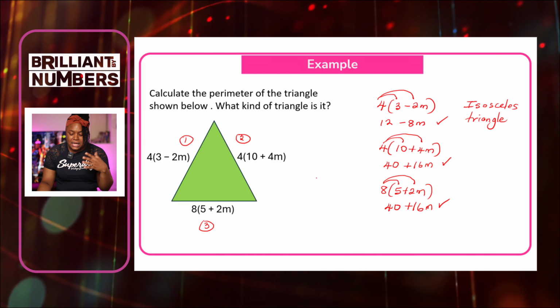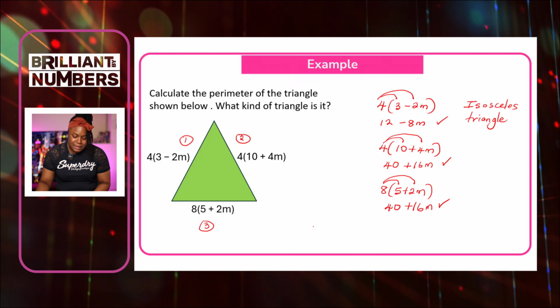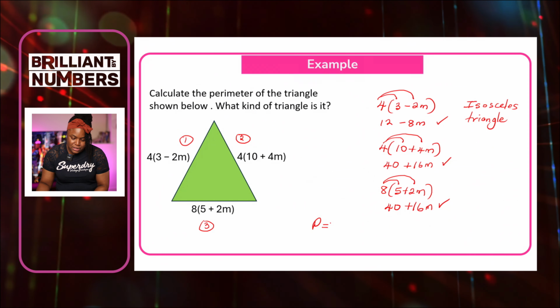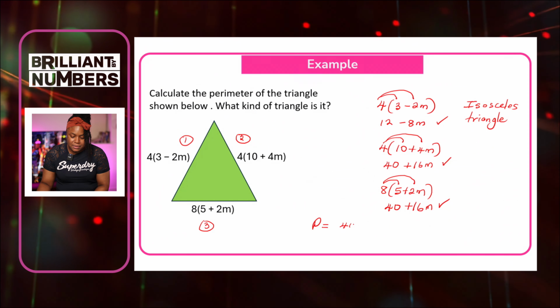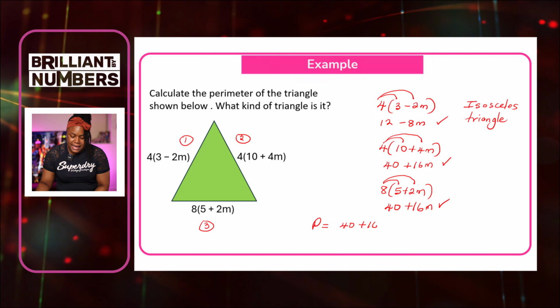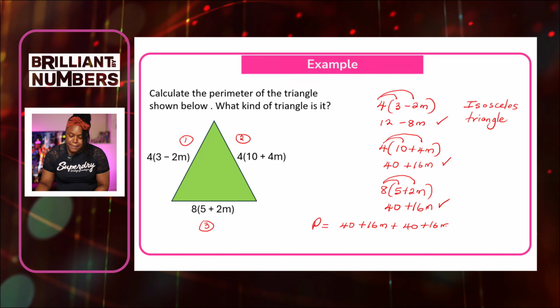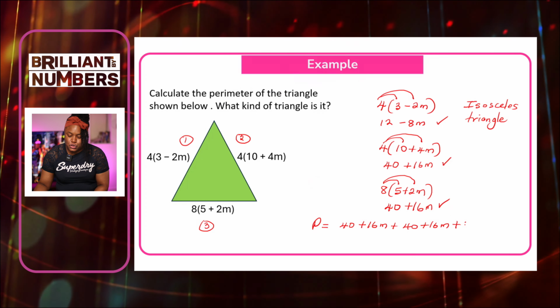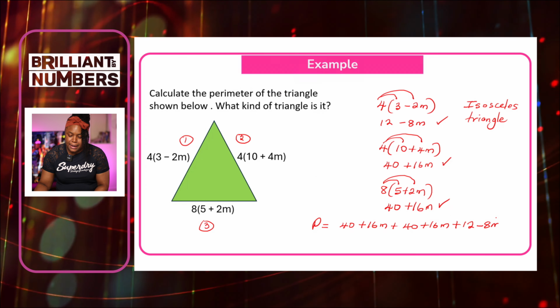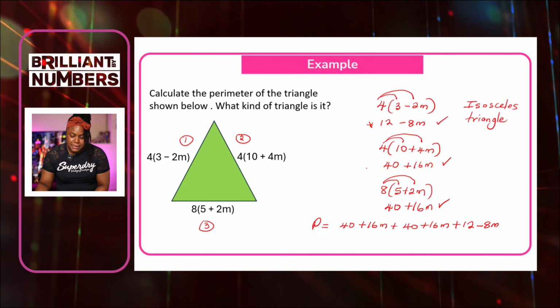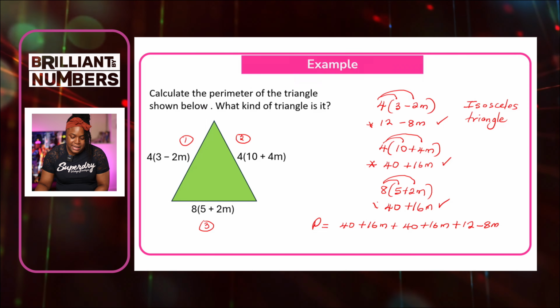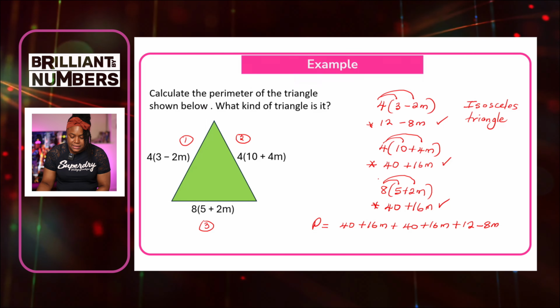So now we're going to combine them by finding the perimeter. So the perimeter would be equal to 40 plus 16m plus 40 plus 16m, and then plus 12 minus 8m. So I'm just going to put a star beside all the ones I'm adding together. So let's go now, collecting our like terms.